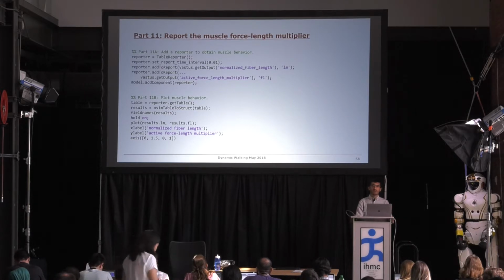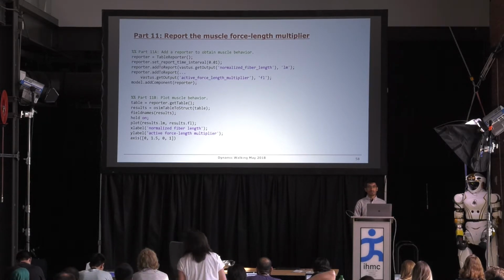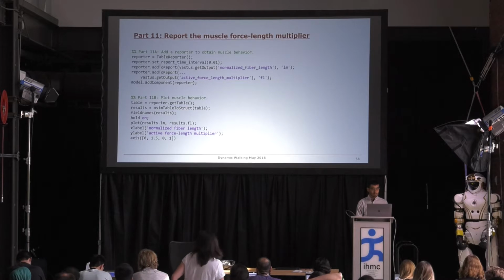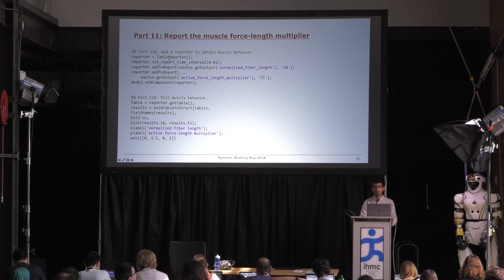For example, the muscle has outputs for its force, its length, its power, and stuff like that. So for the reporter, we're going to create a table reporter, which basically stores a table of the desired simulation quantities internally, and then we set how often we want to get our report.